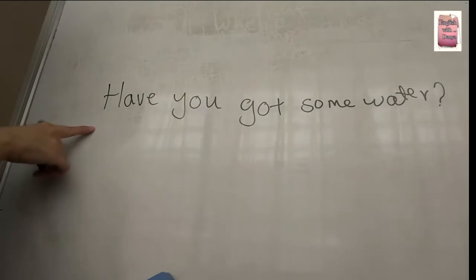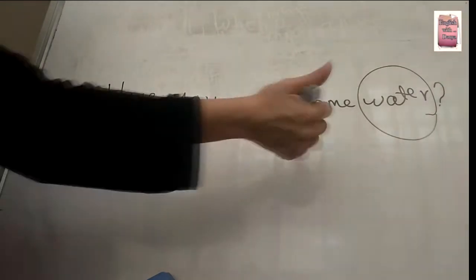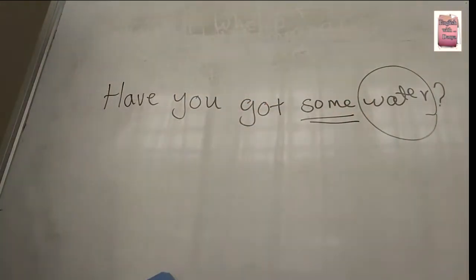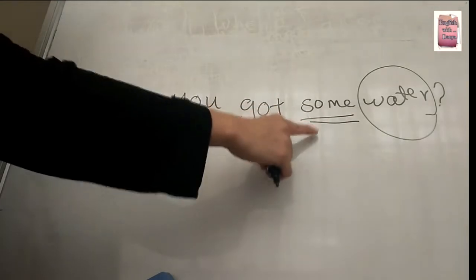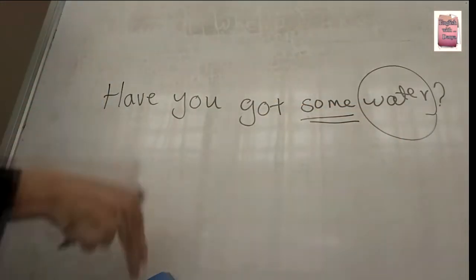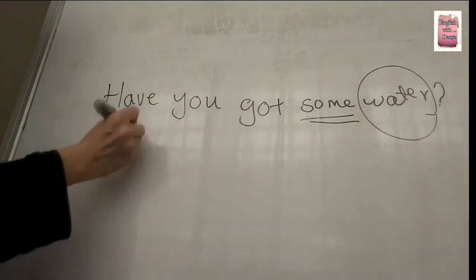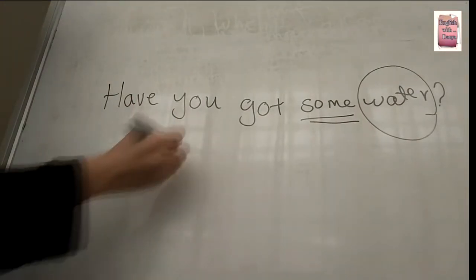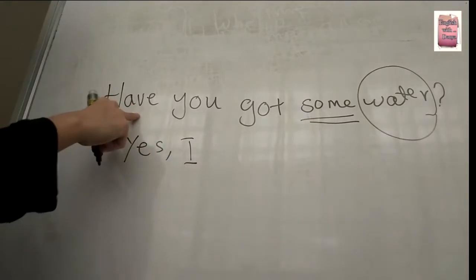Now let's look at this question. Here we want to ask about water. So have you got some water? Why are we using some? Because it is uncountable. So in the answer, if the answer is yes, then we can say yes, I have.